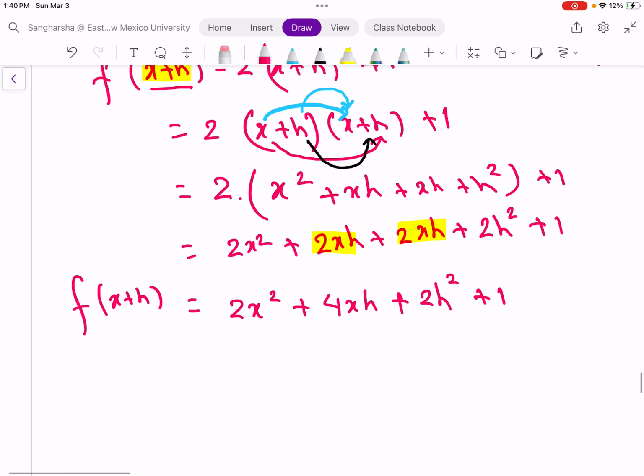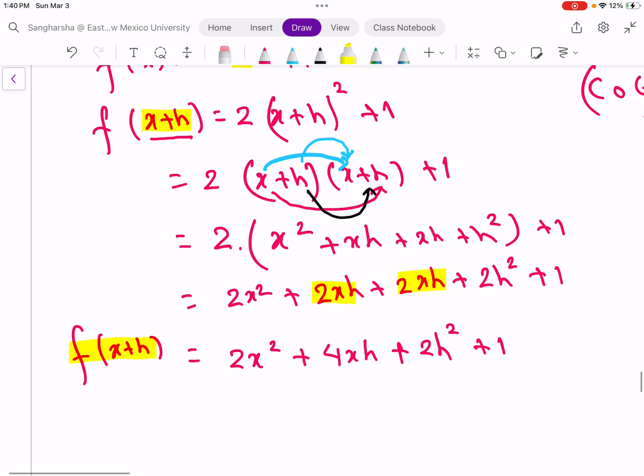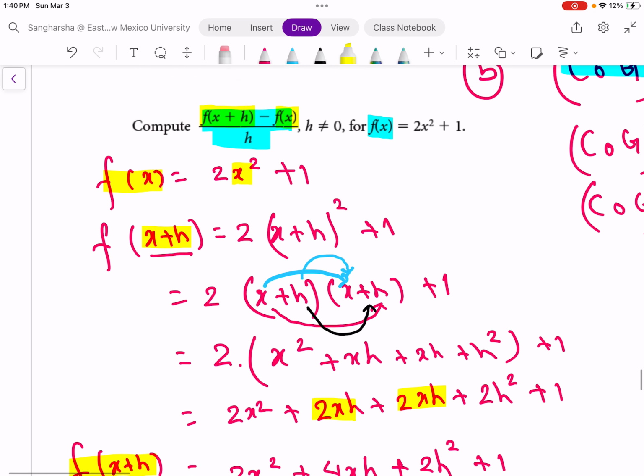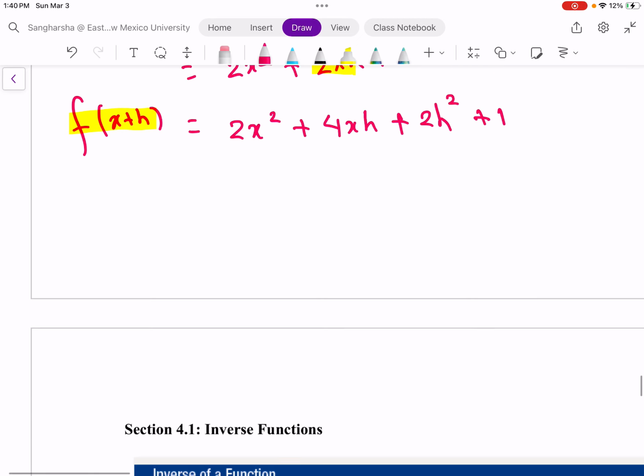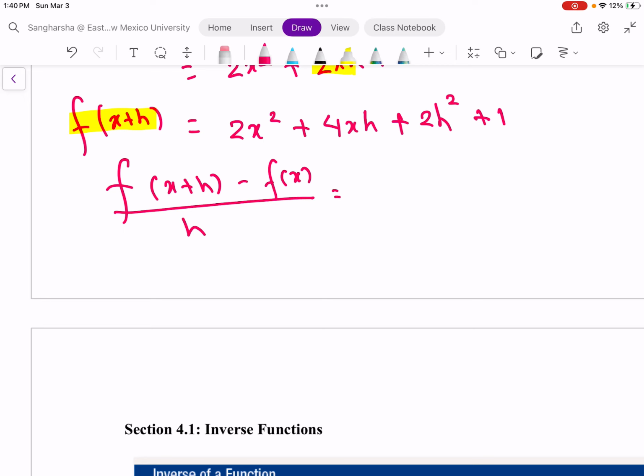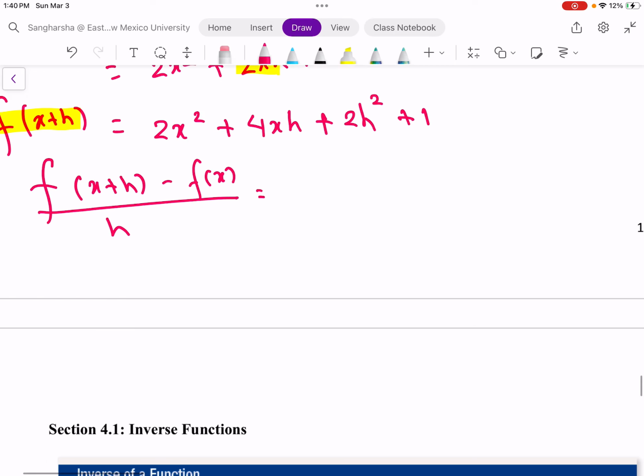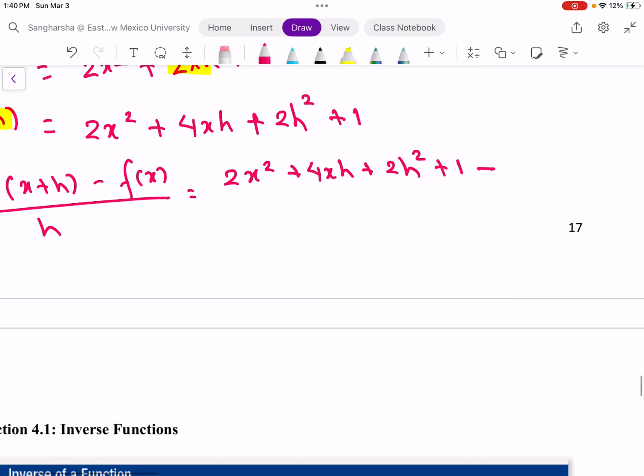Now let's substitute our f of x plus h and f of x into the difference quotient expression. Our difference quotient expression is f of x plus h minus f of x, divided by h. Substituting f of x plus h, which is 2x squared plus 4xh plus 2h squared plus 1, then we have negative f of x.